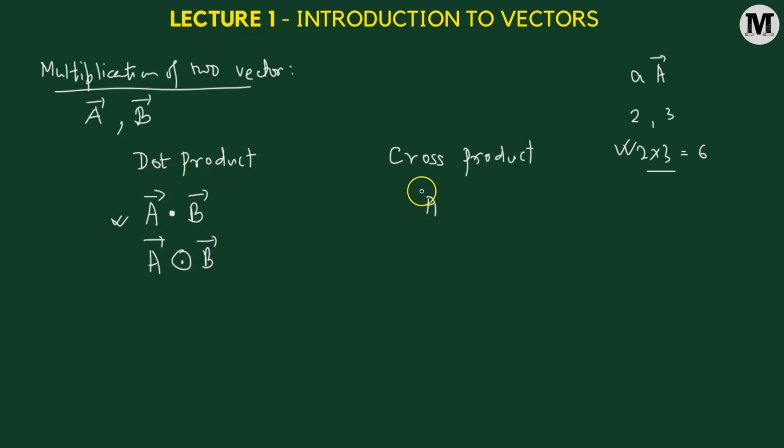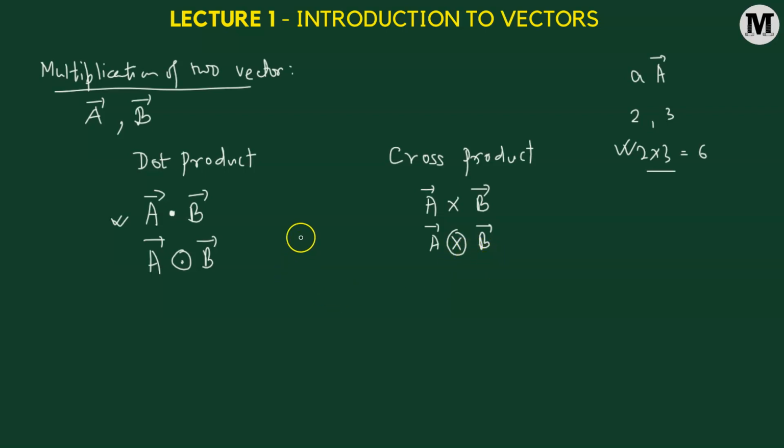Now for cross product, as the name suggests, we're going to put a cross between two vectors A and B. This is not the regular cross that we use when we are multiplying numbers. This is a special type of cross. So that's why some authors, in order to distinguish that this is not the cross that we use when we multiply two numbers, put a cross inside a circle, telling us that this is a cross product. This is the multiplication of two vectors.